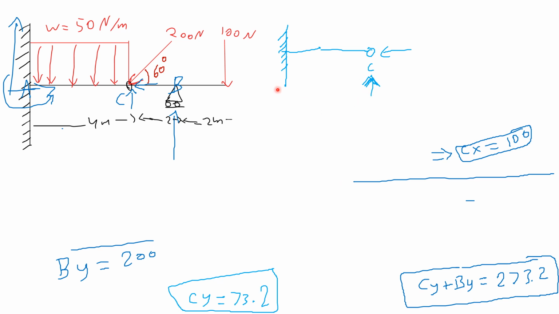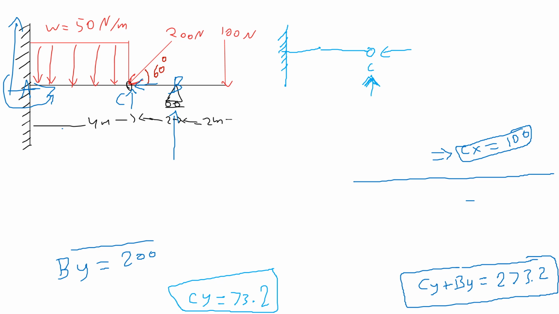What are we having? We have a moment already. And we have this distributed force. We're going to multiply 50 by 4, and it's going to give me 200. The distance 4 is divided by 2 to give me a concentrated force.